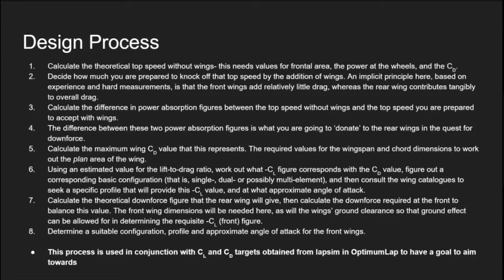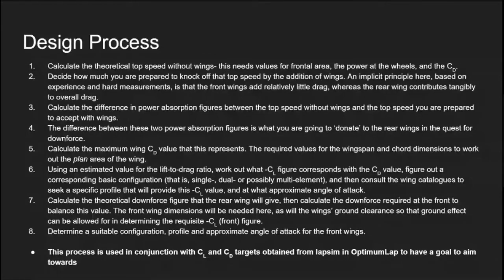You do this because the addition of wings is going to add drag. At max power, you can reach a certain theoretical top speed. Once you add wings, you're going to have additional drag acting in the opposite direction of the power you're producing, so the more drag you have, the more power you're going to need to overcome it, right?